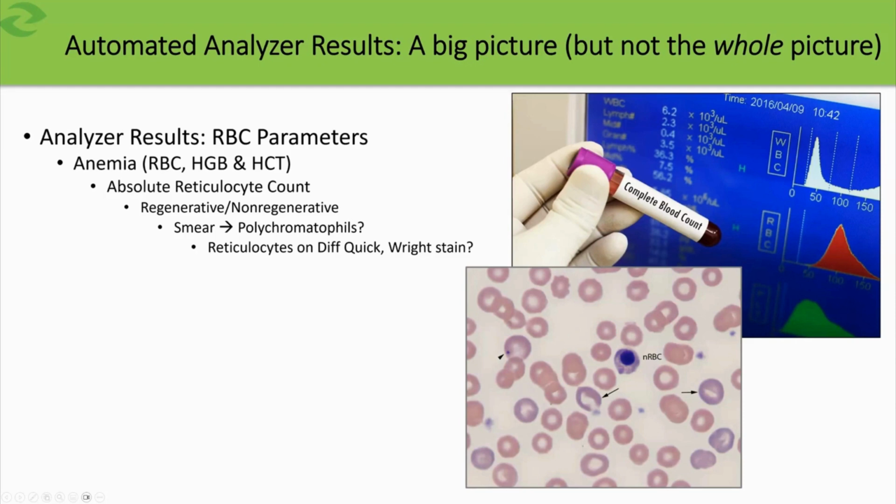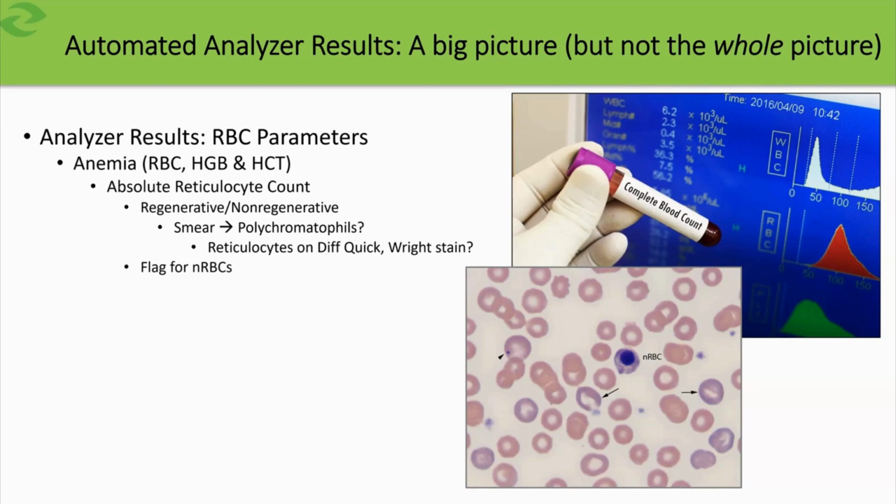If we stain this with new methylene blue, those would be the reticulocytes. So they're larger cells and have a grayish blue color to them. The arrowhead right here is actually pointing to a Howell-Jolly body, which is an inclusion in the red cell. And we'll talk specifically about Howell-Jolly bodies as we move through the smear evaluation.